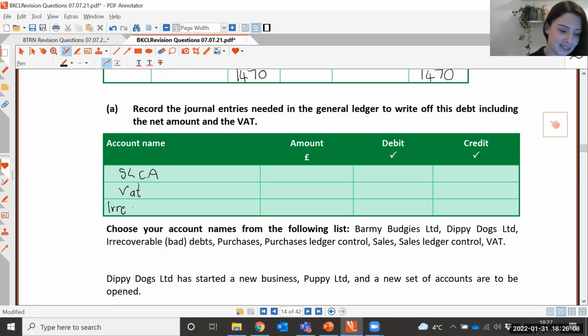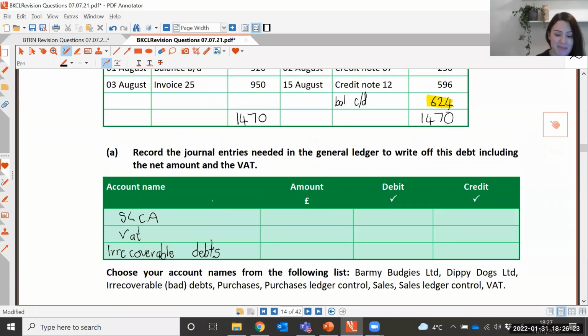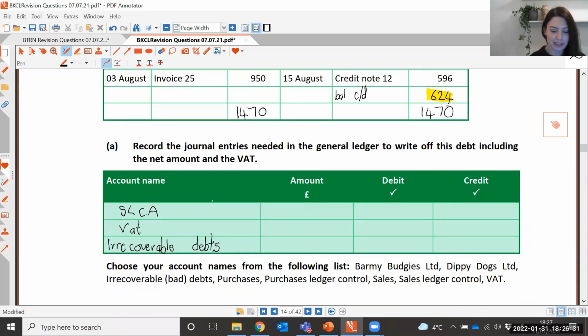Good. So starting off with the sales ledger control account, what amount would we put in? Yeah, good, Fatima. Good, nearly, Bradley.